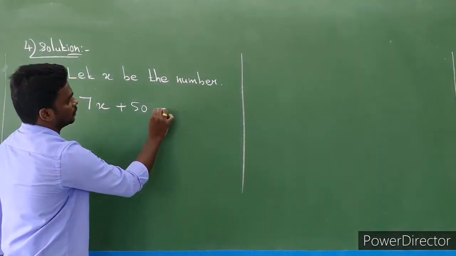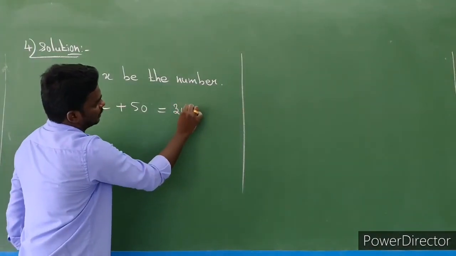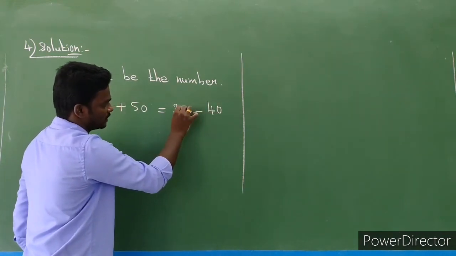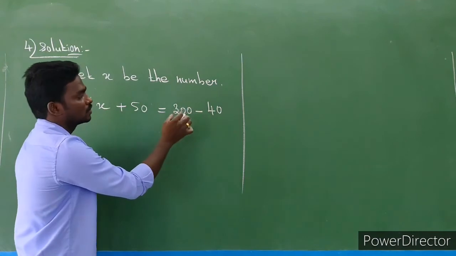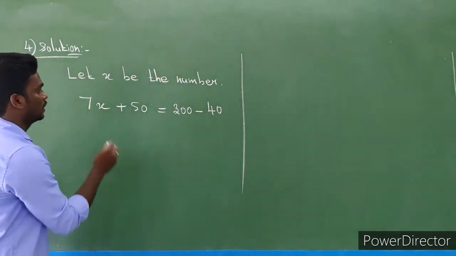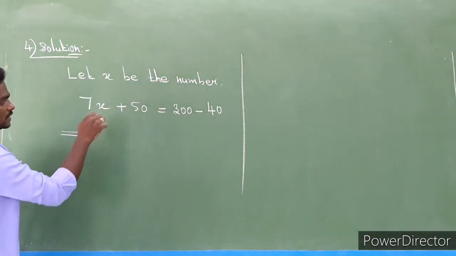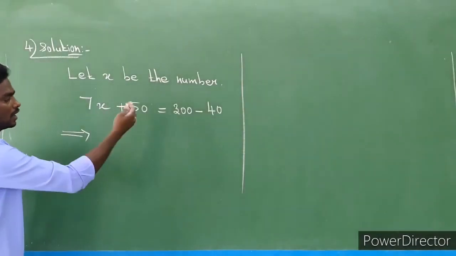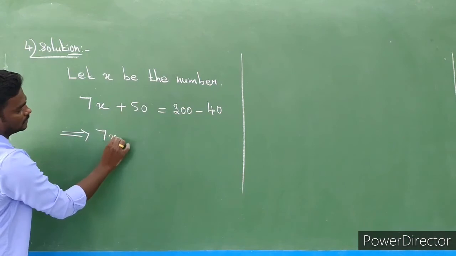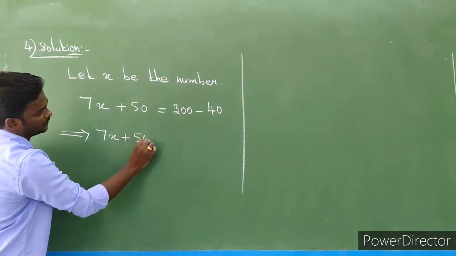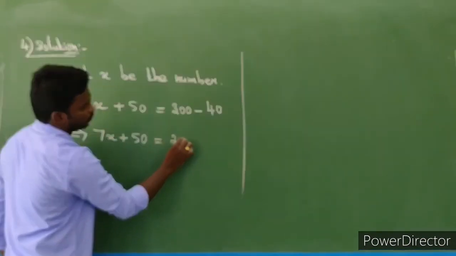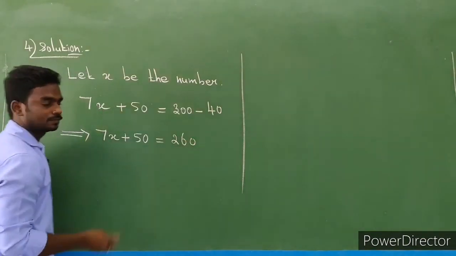So triple century means 300 minus what? 40. To reach triple century, we need 40. So 300 minus 40 is given. Implies that 7x plus 50 is equal to 300 minus 40. What is the value of 300 minus 40? 260.